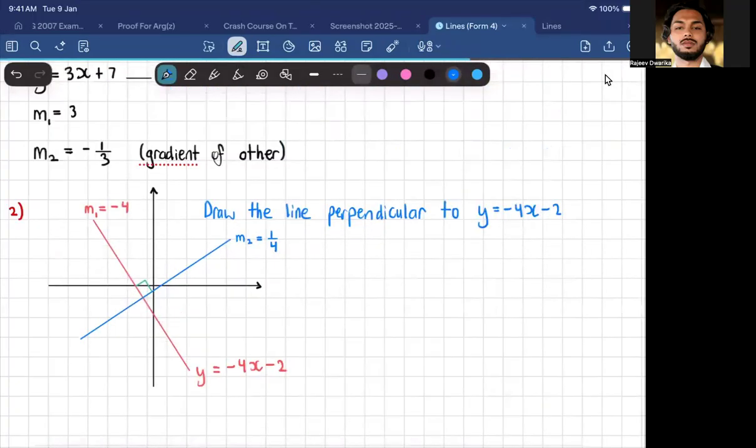And Ria, if you are doubting if you're correct, when you multiply it, what are you supposed to get? Sorry, sir, I didn't hear you. If you are doubting if your new gradient is correct, what can you do to check if it's correct?